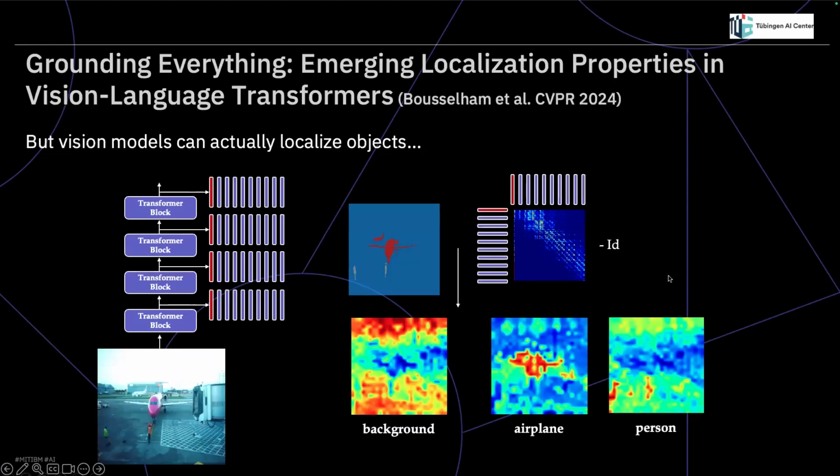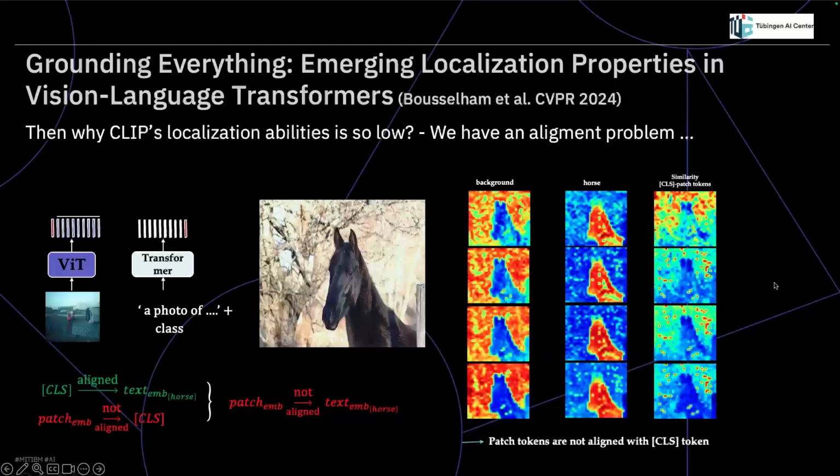So the question was, okay, technically the tokens are right. What's wrong? And it turns out the main thing that we have in CLIP is not so much that the tokens are bad at localization. It's more that they are not really aligned with the text embedding of the text transformer part. Another nice example that you can play with is that even when you start querying this, you will see that sometimes the object is very well highlighted, or you can see the object outline.